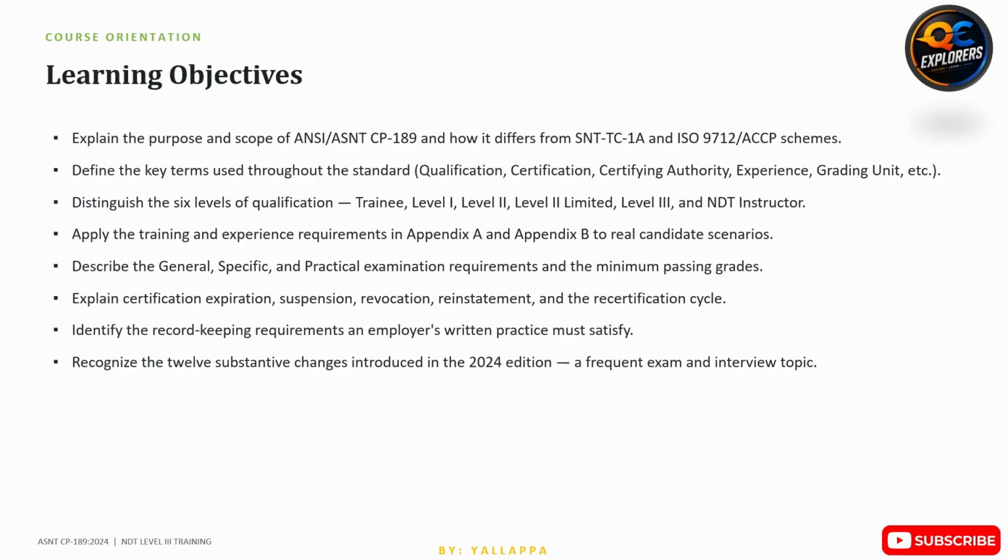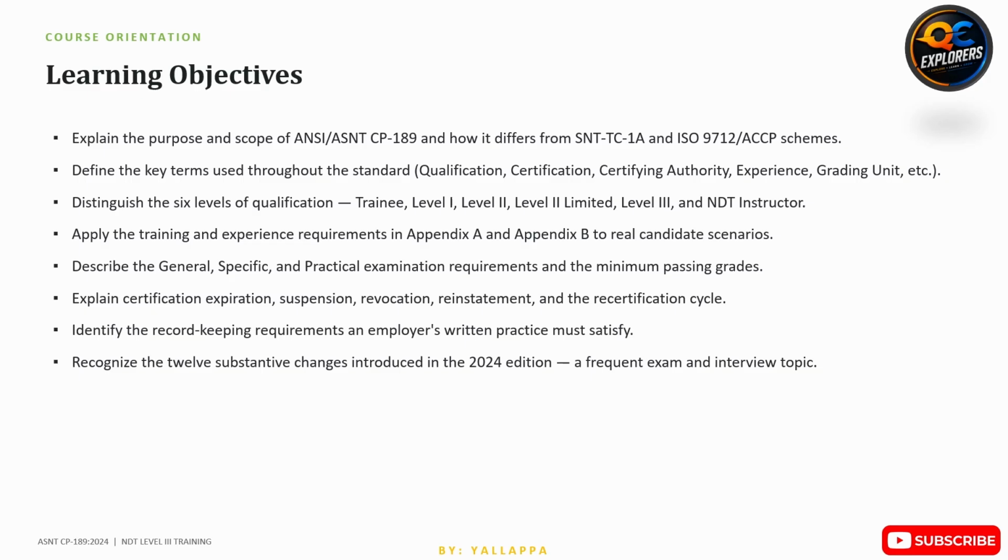Before we begin exploring the clauses of CP-189, it's important to understand what you should achieve by the end of this training. Having clear learning objectives will help you focus on the concepts that are most important for certification examinations and practical implementation.